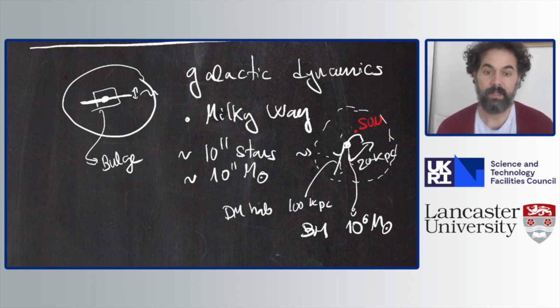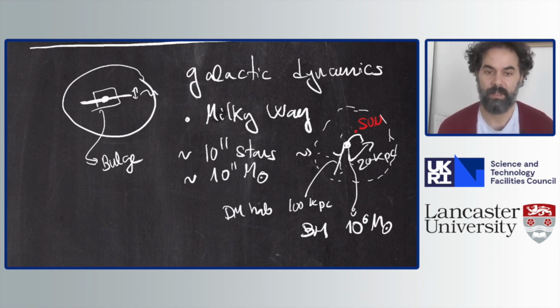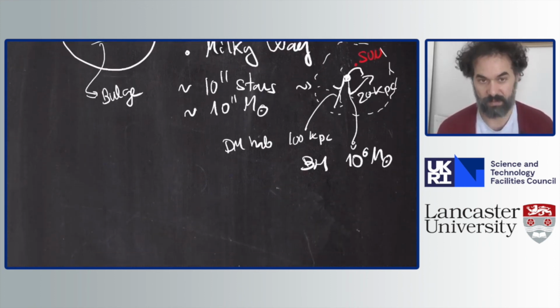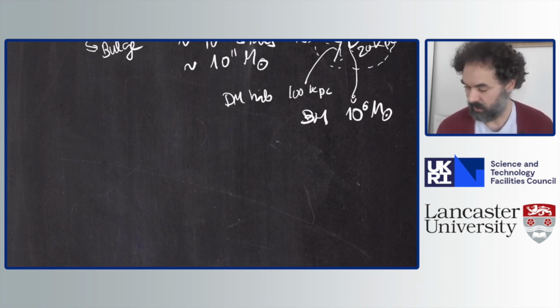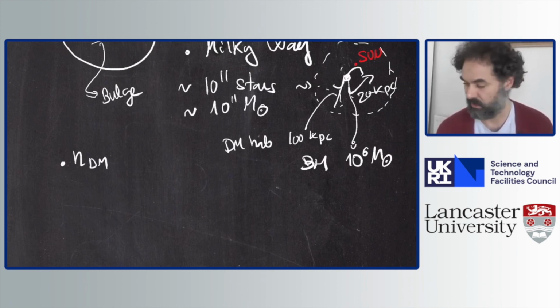Now, given this, how much dark matter is there? It is not clear, but there are models of the halo of our Milky Way that we will explore in the next lesson, and that will allow us to tell what the typical number density of dark matter is in different places of the galaxy.